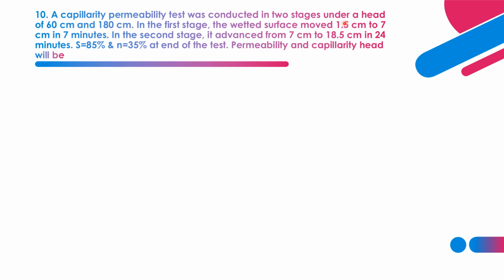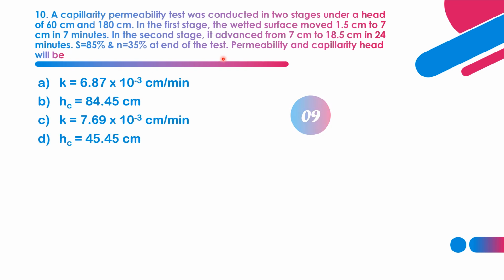So the wetted surface is moving from 1.5 centimeter to 7 centimeter, and the time taken is 7 minutes. Similarly for the second stage, 7 to 18.5 centimeter in 24 minutes. They have given the degree of saturation and porosity values at the end of the test. We have to find the permeability and the capillarity head.